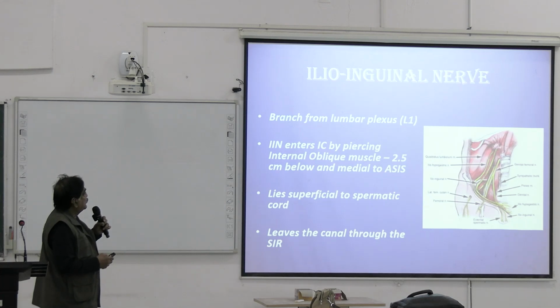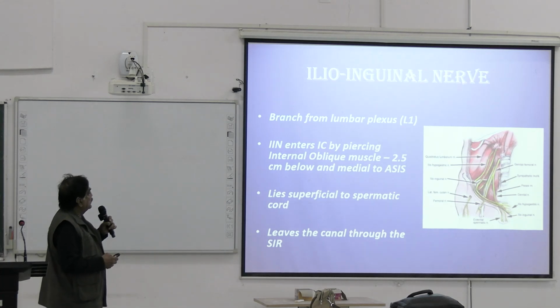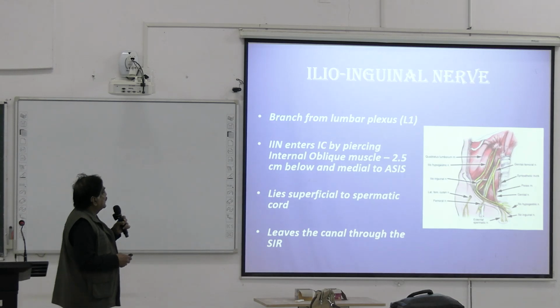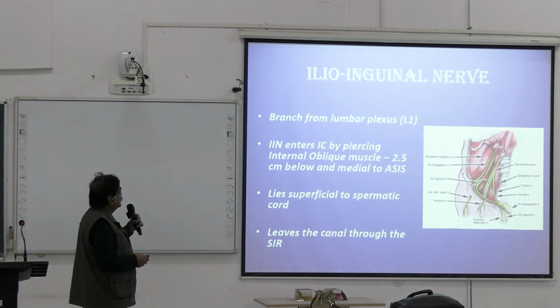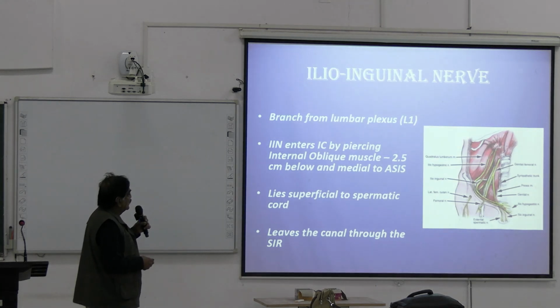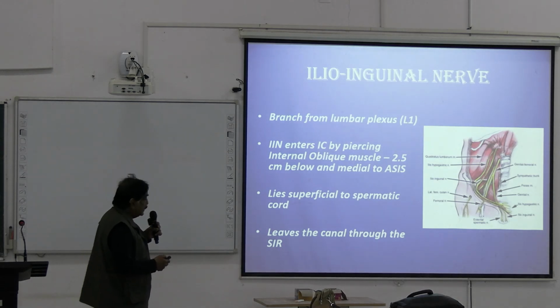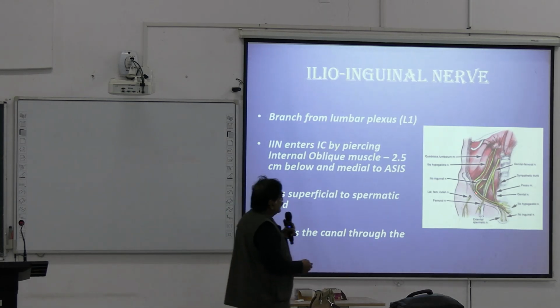Ilioinguinal nerve, branch from the lumbar plexus number 1, enters into the inguinal canal by piercing the internal oblique muscle 2.5 centimeters below and medial to the anterior superior iliac spine, lies superficial to the spermatic cord, leaves the canal through the superficial inguinal ring. You can see here.